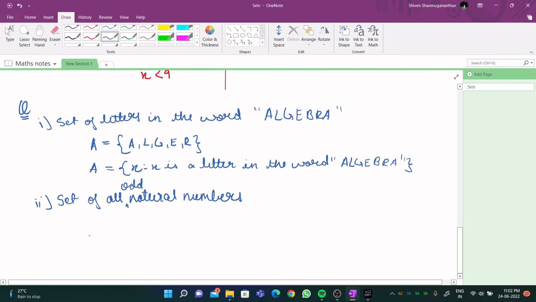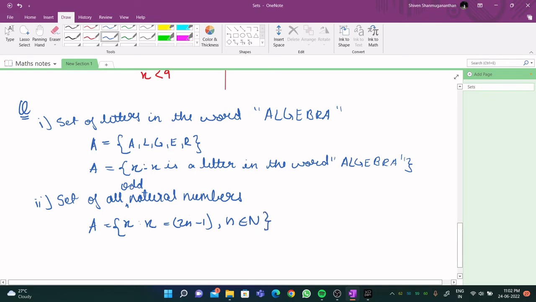So I will represent this as A is equal to bracket open x such that x is equal to 2n minus 1 and x is a natural number.